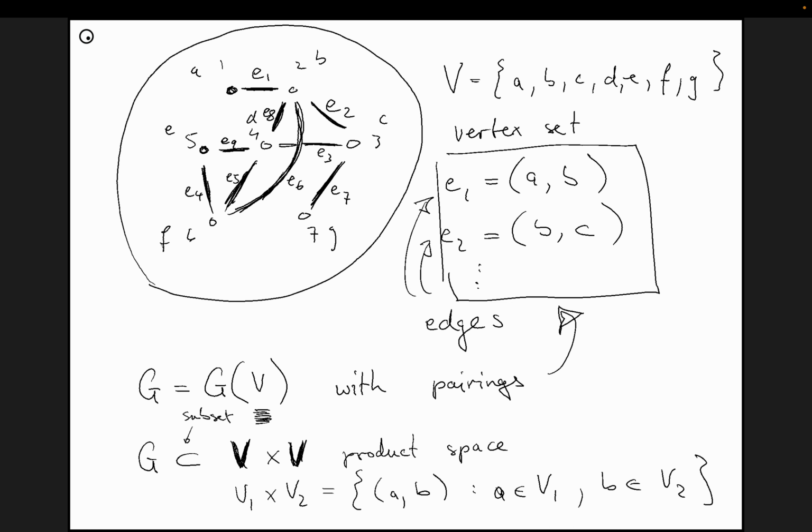A graph is nothing else than a vertex set and the family of pairings upon that vertex set. So what we can have is two kinds of graphs. We can have an undirected graph, as I just have drawn, and we can also have a directed graph. So let's draw a couple of graphs. So maybe this is an undirected graph.